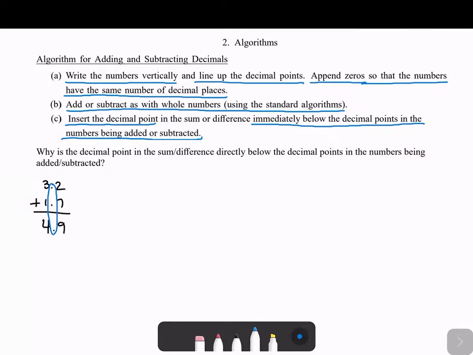The reason this happens is because of what we did in step A of our algorithm. In step A, we line up the decimal points.